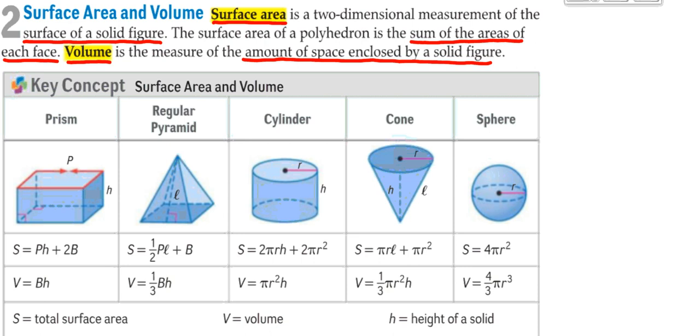And someplace on there, you should write yourself a little note that perimeter is in units, surface area is in units squared, and volume is in units to the third, just so that you're aware of that.